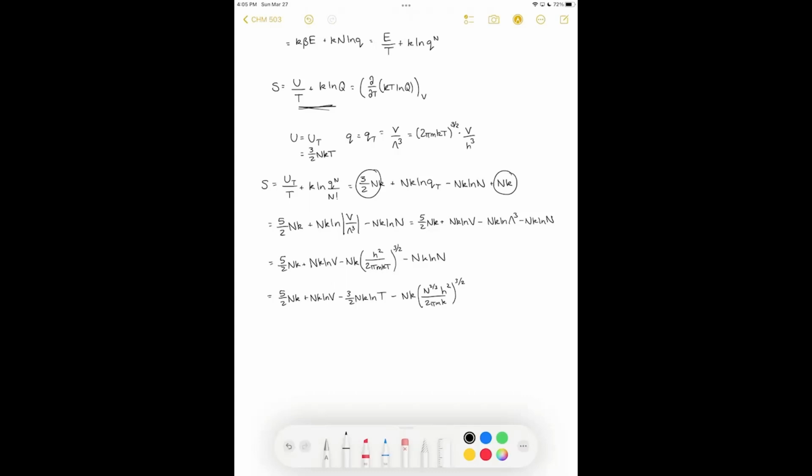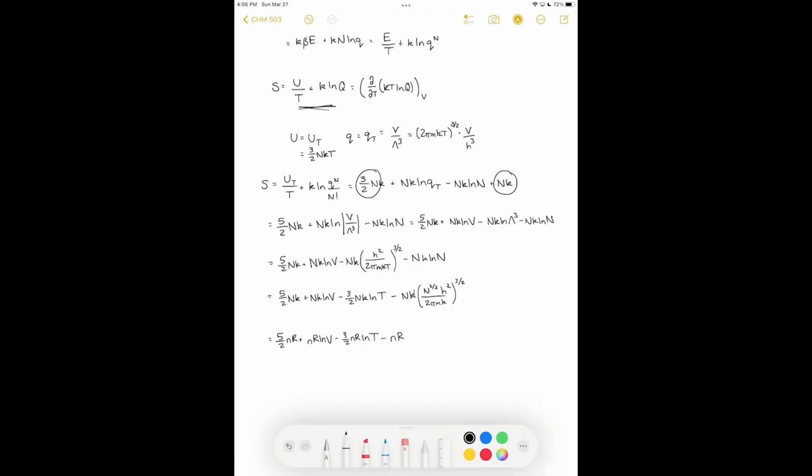What we're going to do now is turn this into molar units, because that's typically how we think about these properties like entropy. So to do that, we're going to convert NK, the number of particles times Boltzmann's constant, into NR, the number of moles of particles times the gas constant. So here we have 5/2 NR plus NR natural log of V minus 3/2 NR natural log of T minus NR.